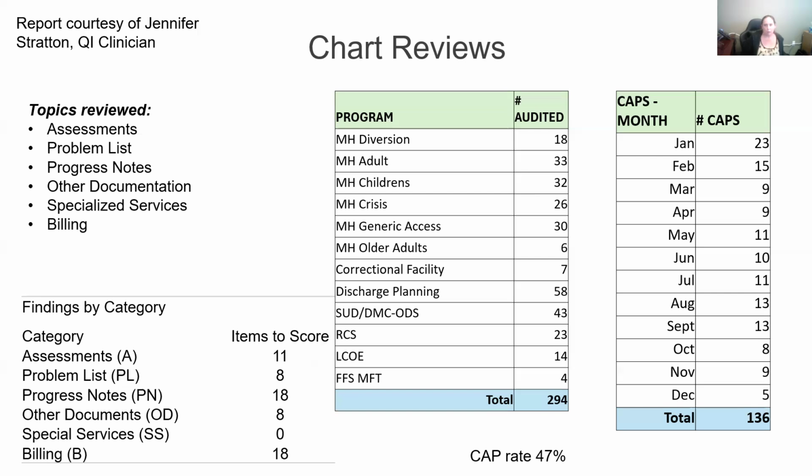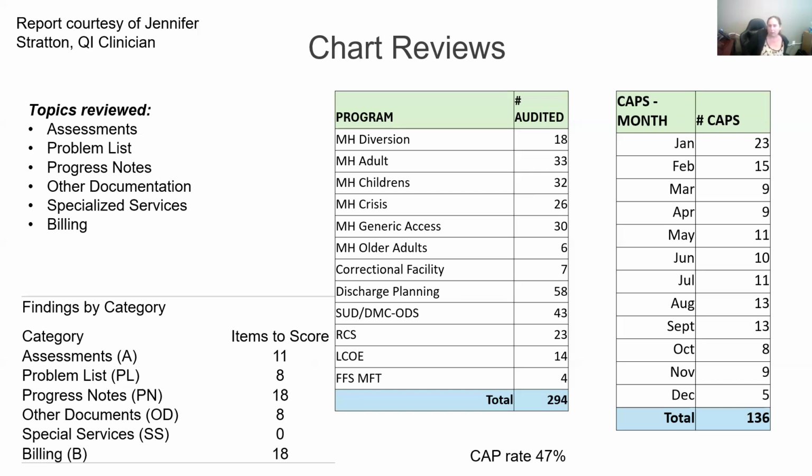So the topics reviewed are assessments, problem lists, progress notes, and other documentation, as well as specialized services and billing. She's scoring 11 items in the assessments category, 8 items in the problem list, and so on. So you can see she's looking at a lot of different areas within the chart to identify if there's any issues with the services that we're providing.